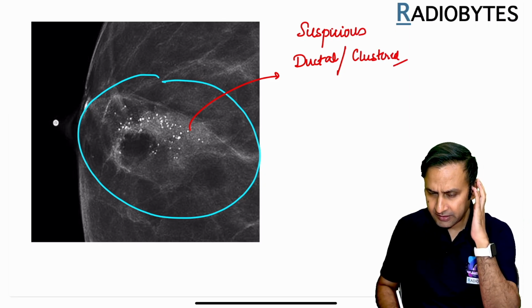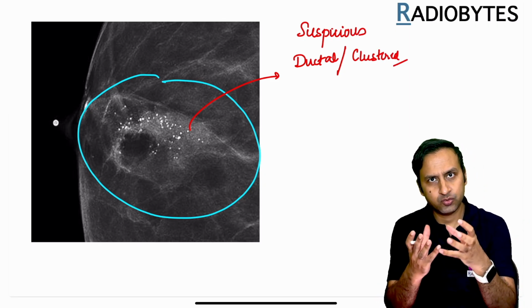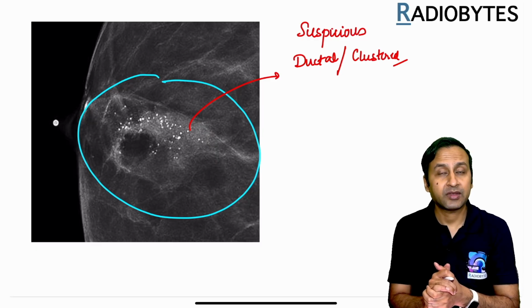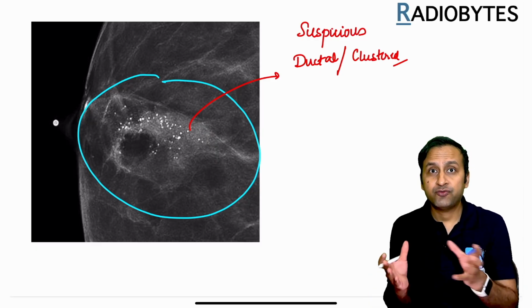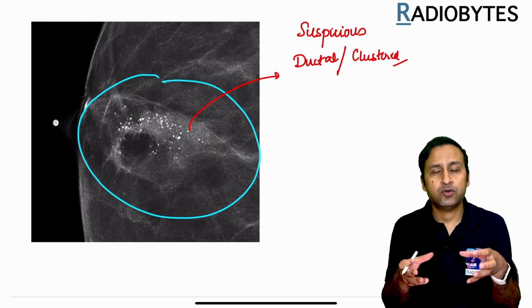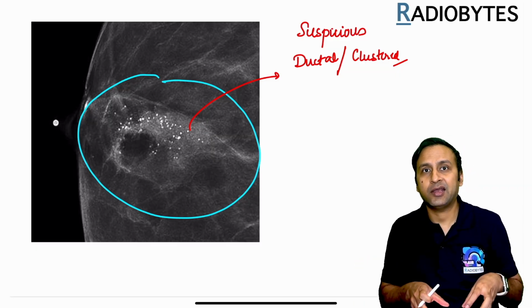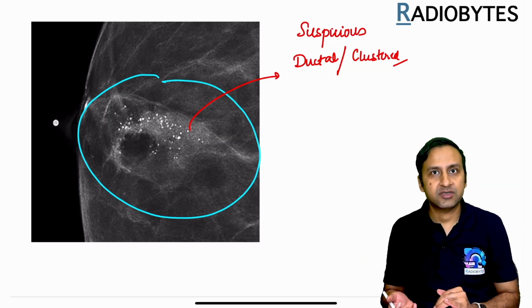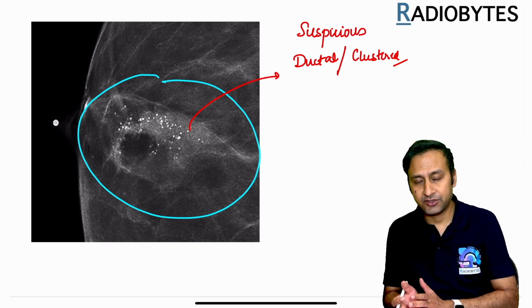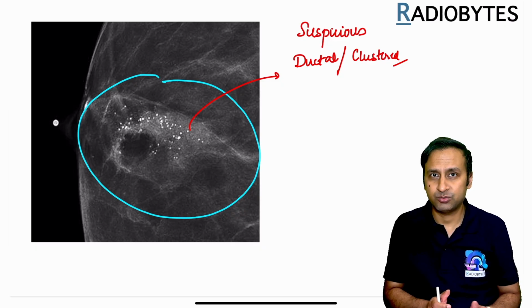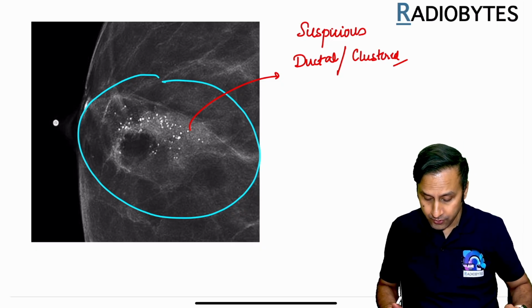Where do you expect malignancy to occur? You expect malignancy to occur in a focal area of the breast parenchyma, and calcifications are being produced through the malignant process. So if you have a number of calcifications which are located in a very small clustered area, it is more likely to be some form of a malignant pathology. So looking at this particular case, looking at the calcification distribution, I can say that this type of distribution is definitely not looking normal to me.